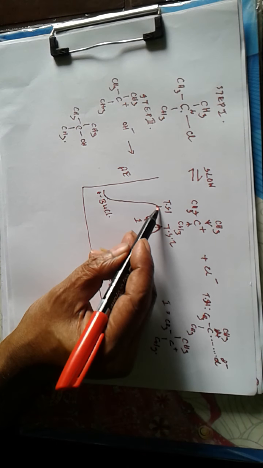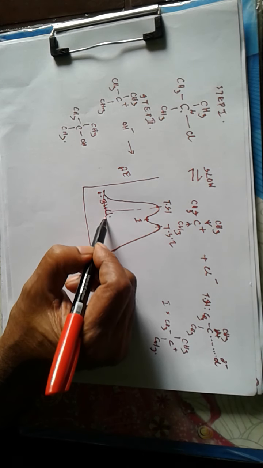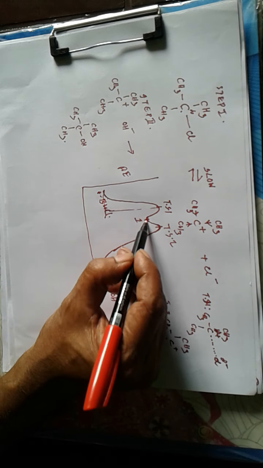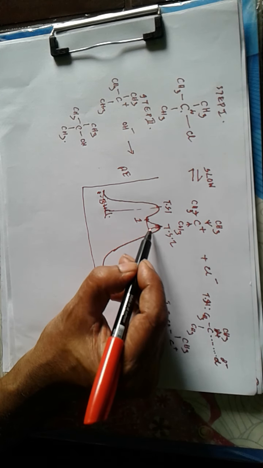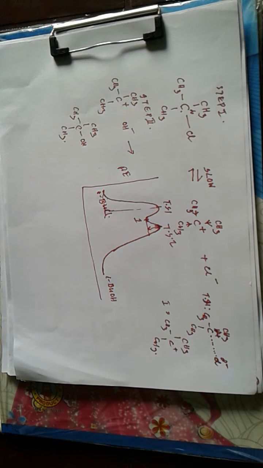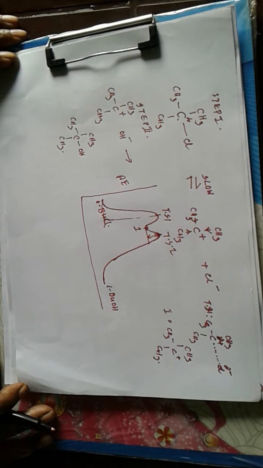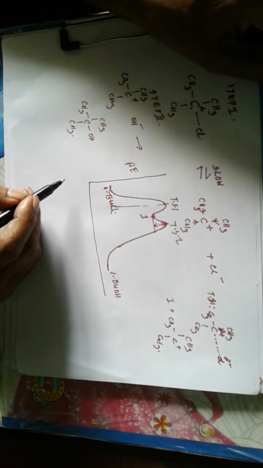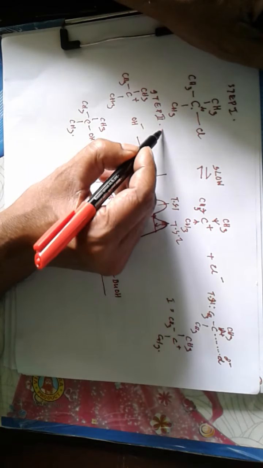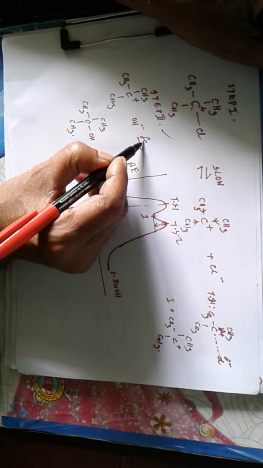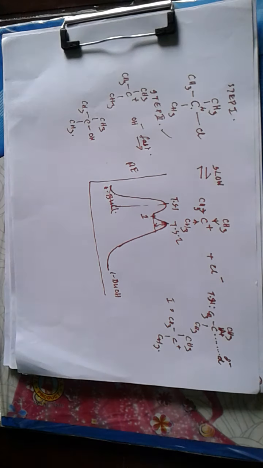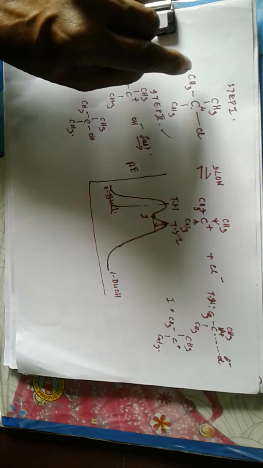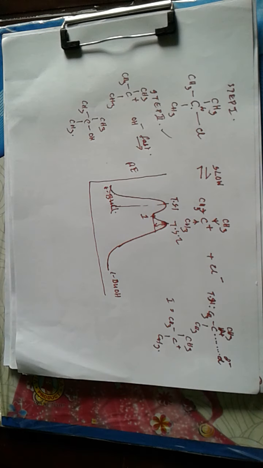And the energy of activation for this process is given by this value, and the energy of activation for this process is given by this value. And so we can say that step 1 is a slow process, and step 2, as this one, is fast, and the overall rate of the reaction will be equal to the rate of the slowest step, and so on.